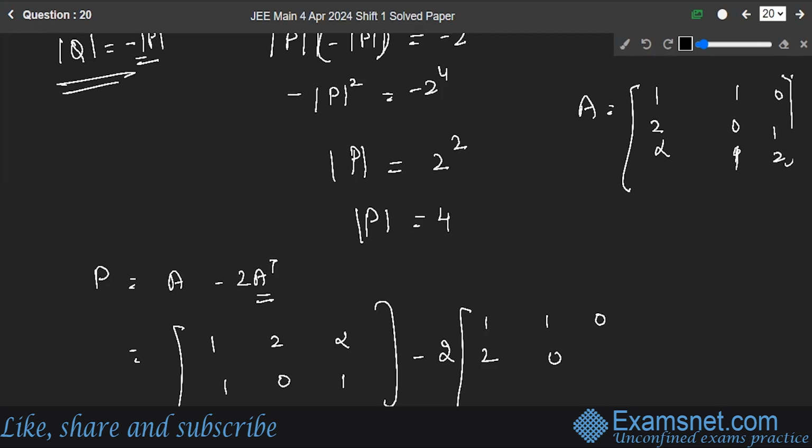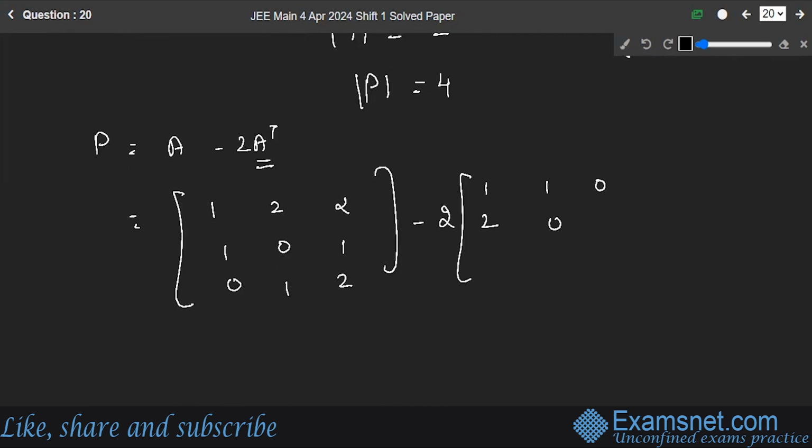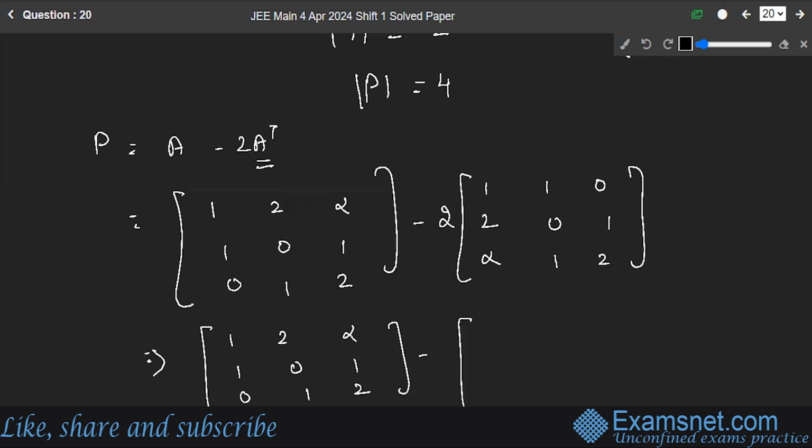Let's multiply this with 2. So this is the one, and alpha 1, 2. This will give me 1, 2, 0, 1, 2, 2, 2, 0, 4, 0, 2, 2, alpha 2, and 4.